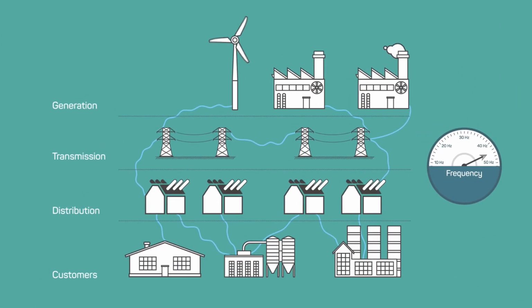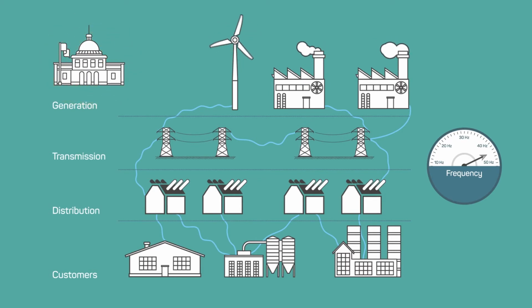Who owns what components of the system varies from country to country. In more liberalised countries, different companies may own power stations, transmission lines and distribution networks. But in each system it is the government and regulators that set and enforce the rules of operation of the system.